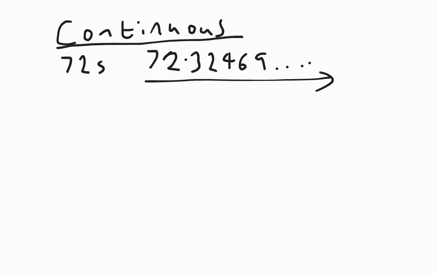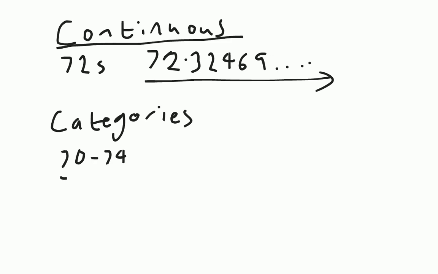Now there are two types of continuous that we can have. We can either have one where it's split into categories, so for example, if we've got it split into categories where we've got lap times of 70 to 74 seconds, then 75 to 79 seconds, 80, and so on.